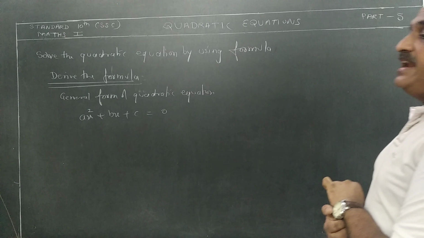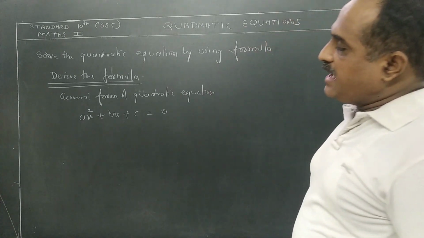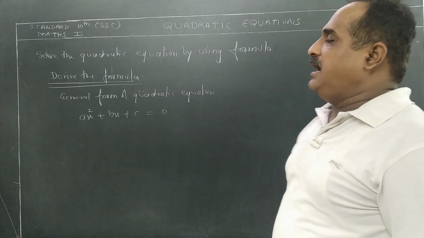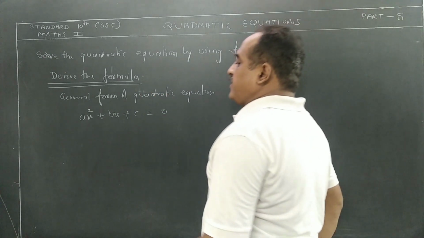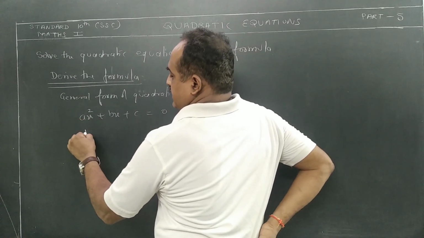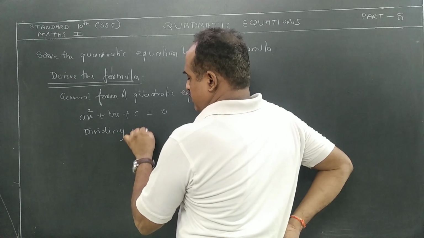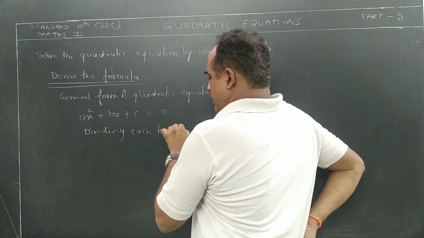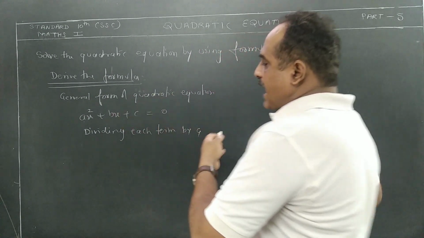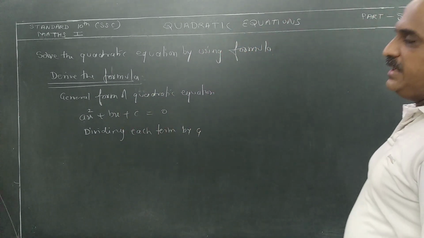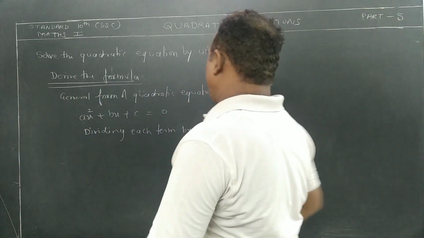But we have studied last part that if anybody asks me to solve this equation by completing the square, what is my duty first? Dividing each term by a. I told you value of a should be 1, but now we are considering it is not 1, it may be 2, it may be 3, any number is there. So we are going to remove it.